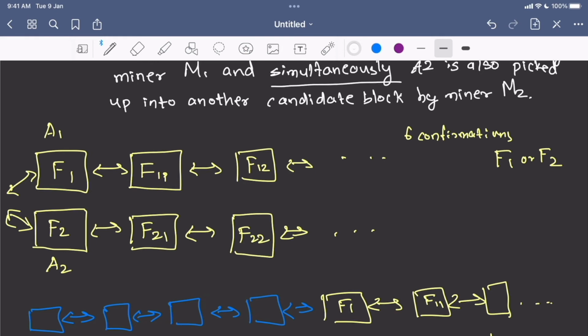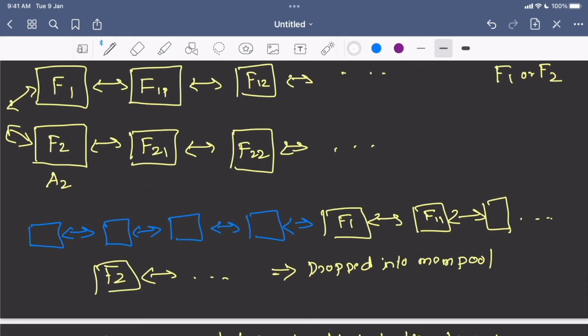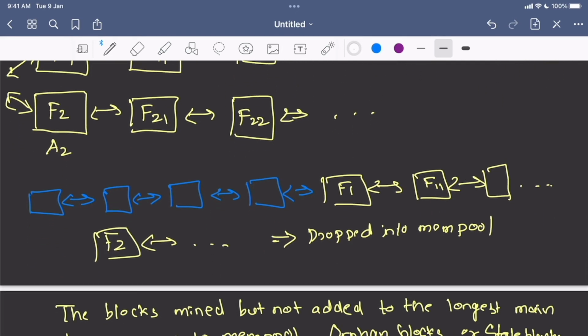By the time we have six confirmations, we are sure which chain will be joined to the longer chain. So eventually, even though it gives an impression of simultaneous behavior, it is happening on a timestamp basis only. So after six confirmations, F1 or F2, either of these will be joined to the original chain, and the other fork chain will return its transactions to the mempool.